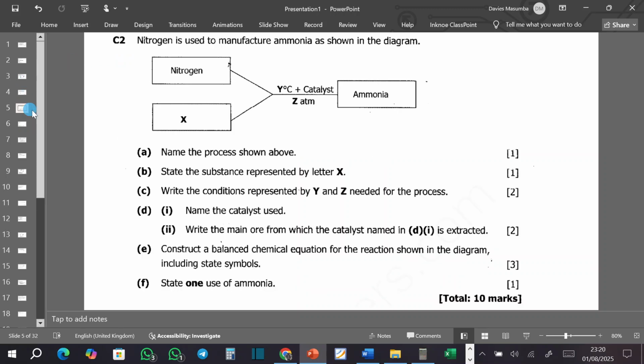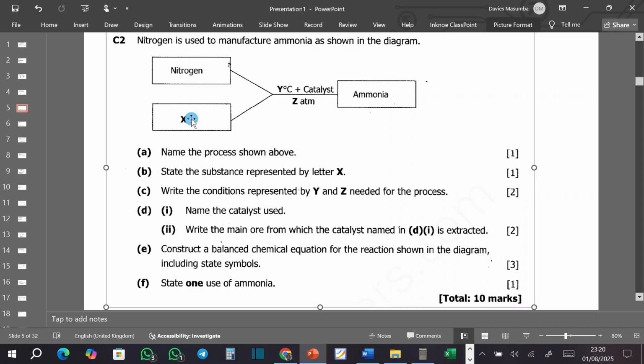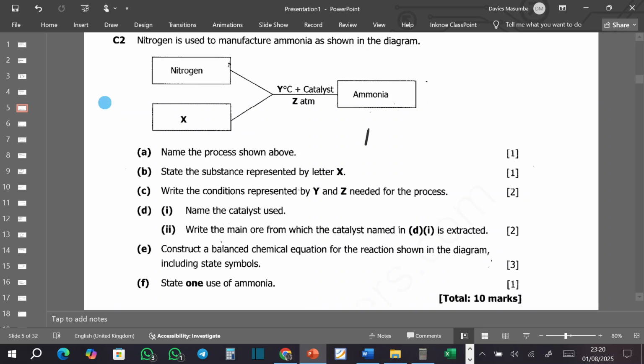Then it says state the substance represented by letter X. For you to form ammonia, you need two elements, nitrogen and another one. Ammonia is written as NH3.